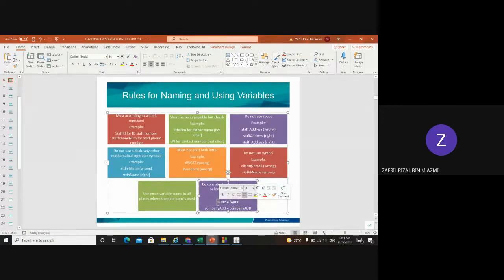Otherwise the compiler, the one that makes your program run, will detect them as two different variables. Understand? So please remember all these basic rules for naming a variable and constant. The rules applied are similar for variable and constant.